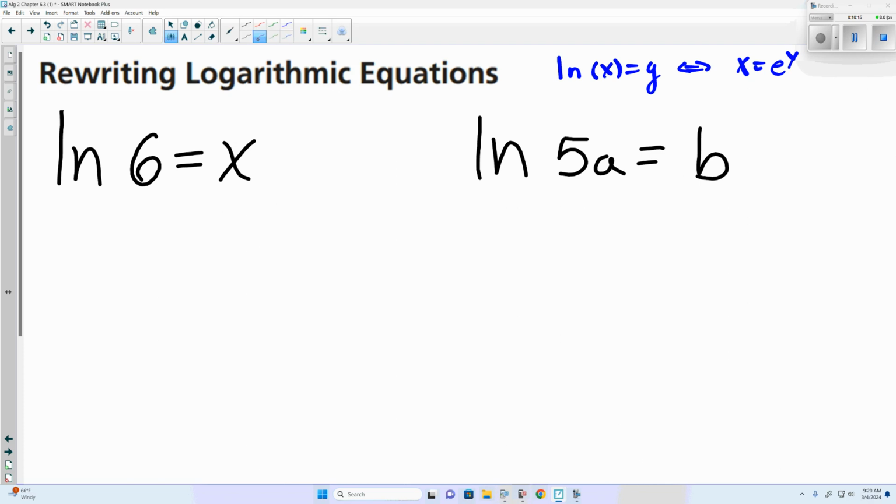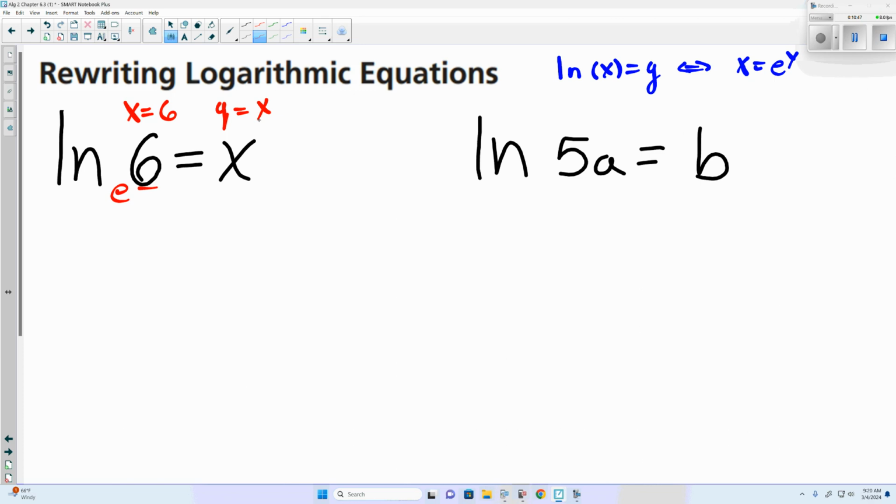Now we did this on Friday, and I think it'll be helpful for this here. Our base for this here is understood to be e. In our general equation, the x spot was, so this here is 6. Our y spot is being taken the place by x. And it's a little weird because x is showing up twice in the general form and in the actual equation.